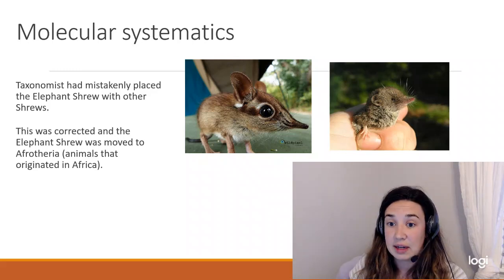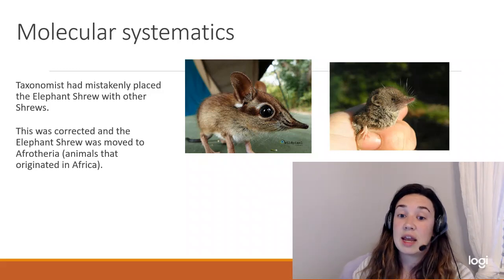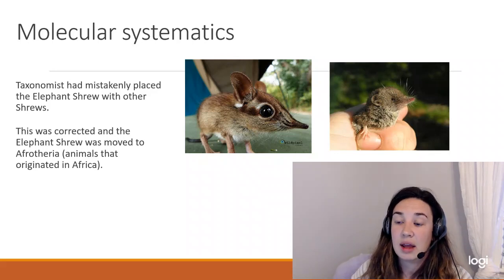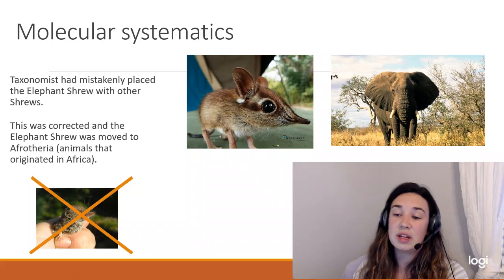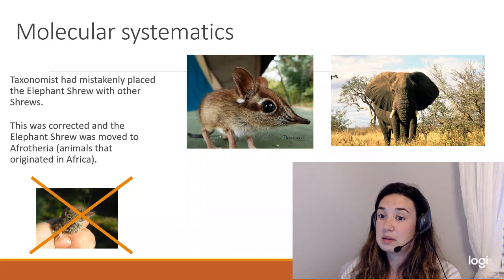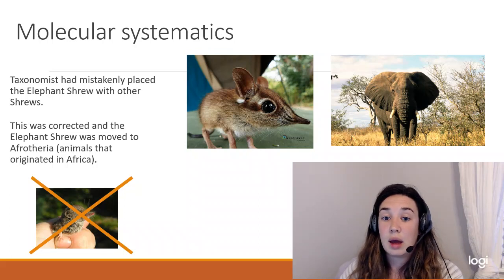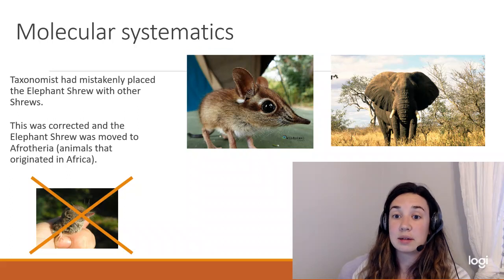This was corrected, and eventually the elephant shrew was moved to the Afrotheria, which are animals that originated in Africa. So eventually the shrew was classified properly, because this could have happened through some sort of convergent evolution or something similar.